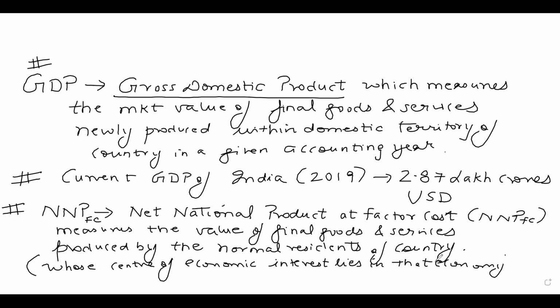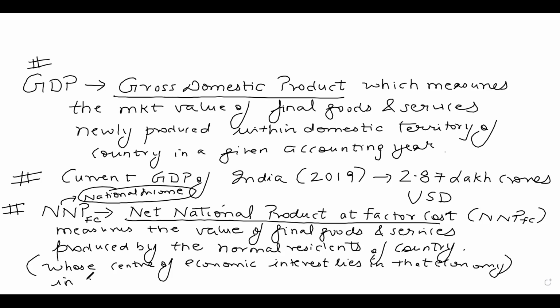So net national product at factor cost, which we also call national income, measures the value of final goods and services produced by the normal residents of a country in a given accounting year.